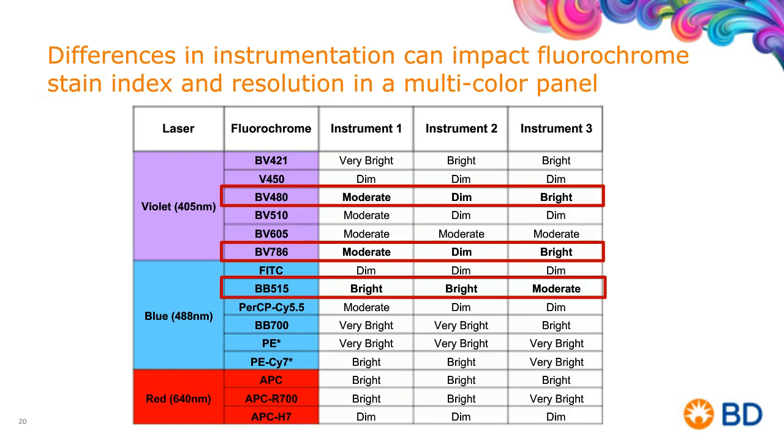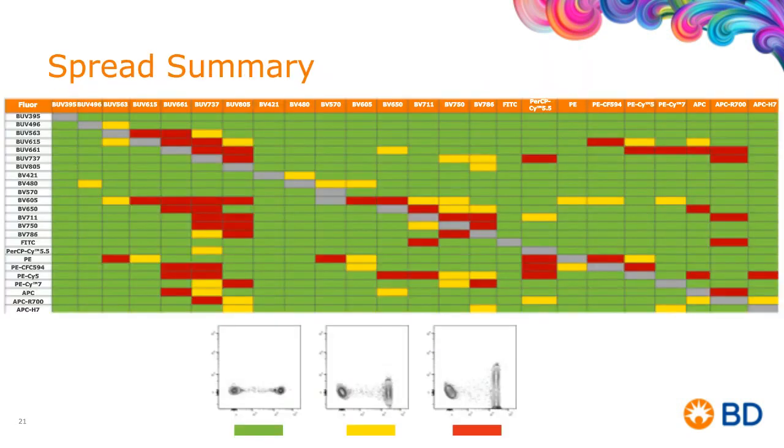Our famous spread matrix. A spread matrix that when I look at this, I tend to discount it a little bit. I would rather look at the data that you saw earlier in those slides on the BUV line. I can see it. I can see the impact. And we're going to talk a little bit about it in a minute.